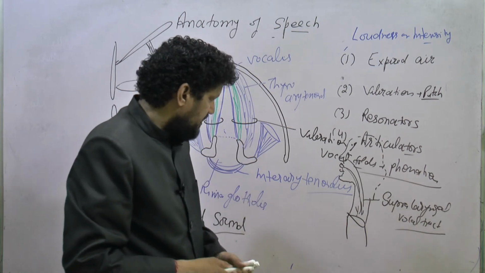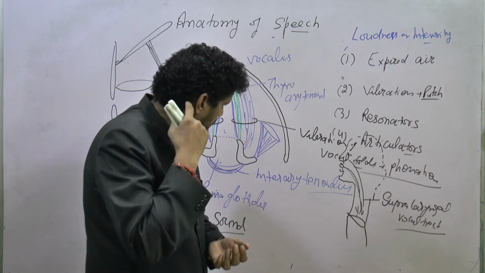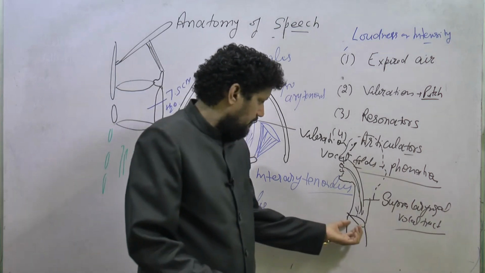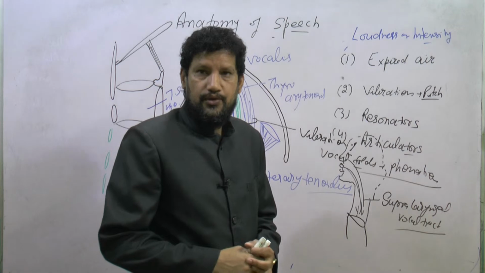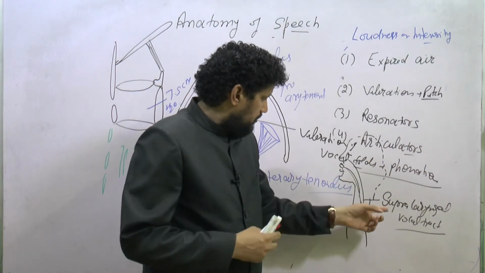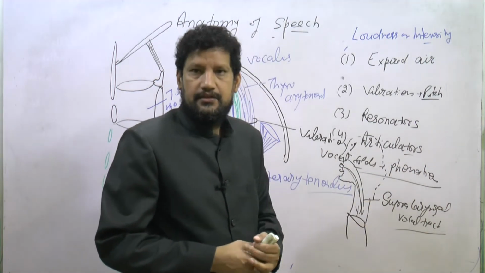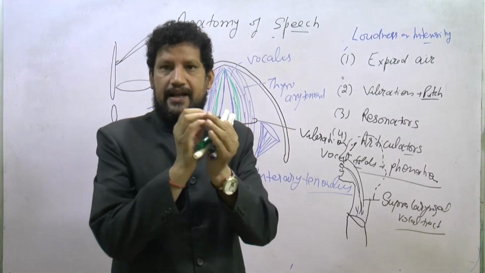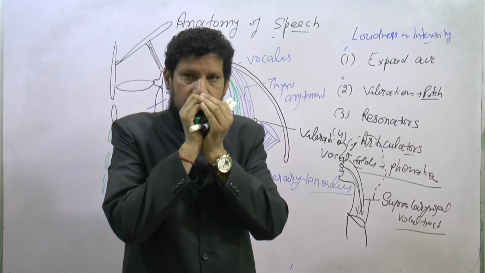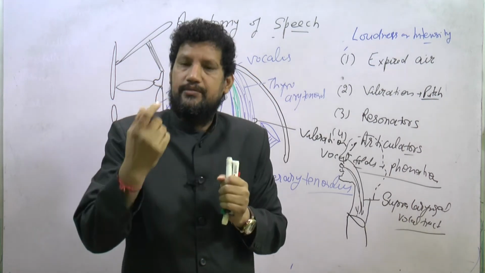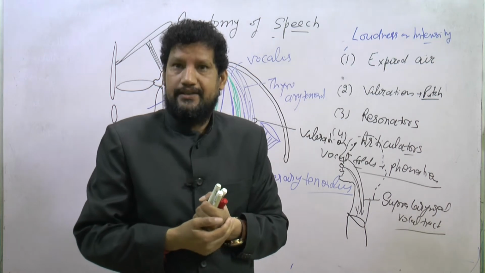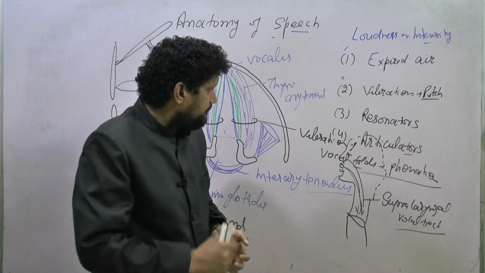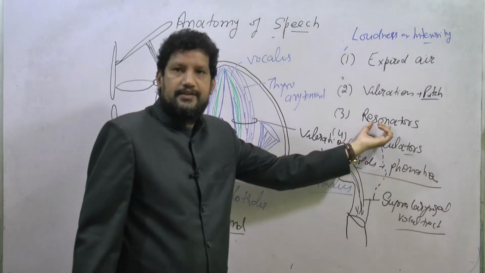This can change the geometry and the caliber of the tract. We can lengthen this vocal tract by adding our hands on the mouth. In that case, the sound will be louder or more intense. So the supralaryngeal vocal tract is acting as a resonator.